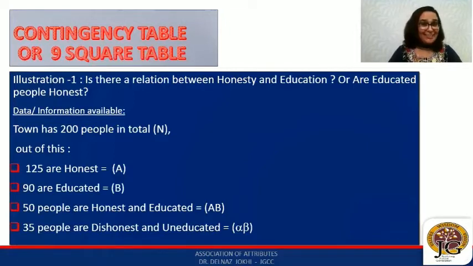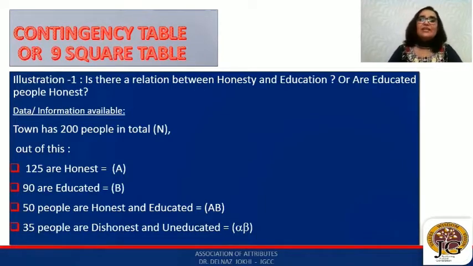Honest is A, educated is B, that is why 50 is equal to (AB). 35 people are dishonest and uneducated, so 35 will come in the place of alpha beta. I hope you understood the sum a little.